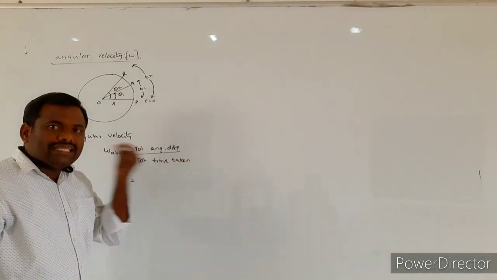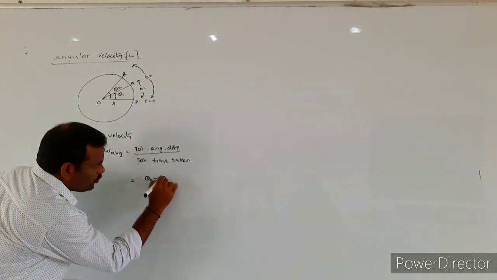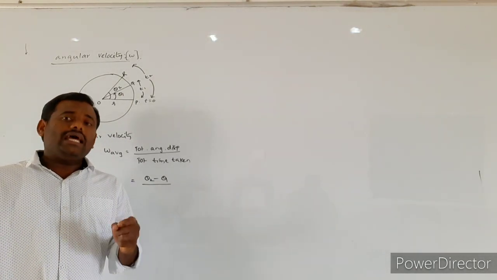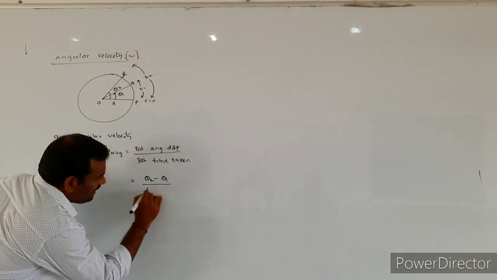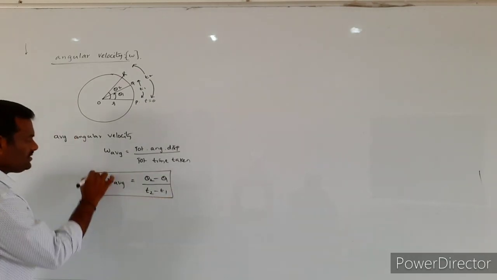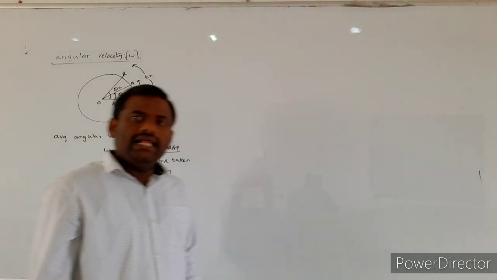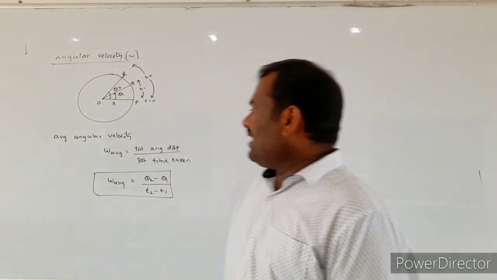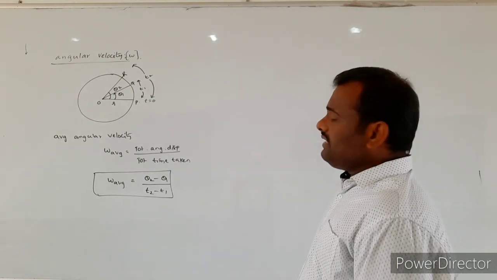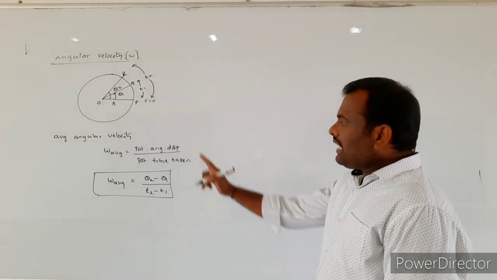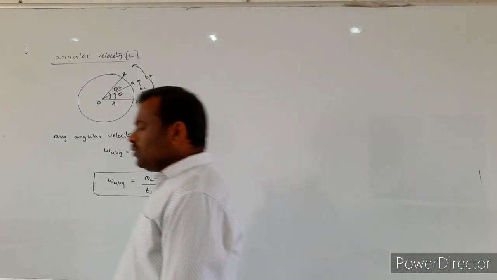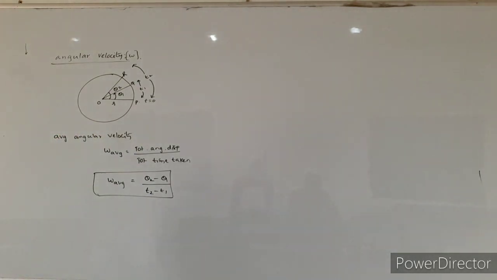Then the total angular displacement is theta 2 minus theta 1, in a time interval of t2 minus t1 seconds. So average angular velocity is defined as the ratio of total angular displacement to total time taken. Omega average is equal to theta 2 minus theta 1 by t2 minus t1.